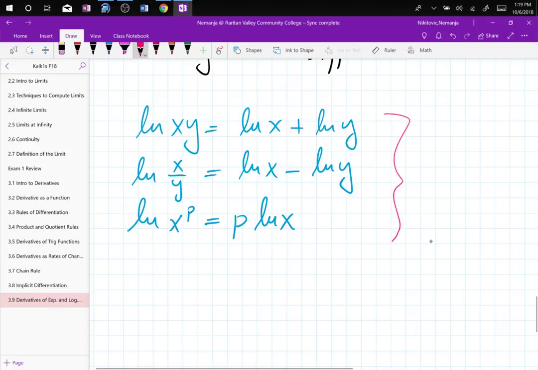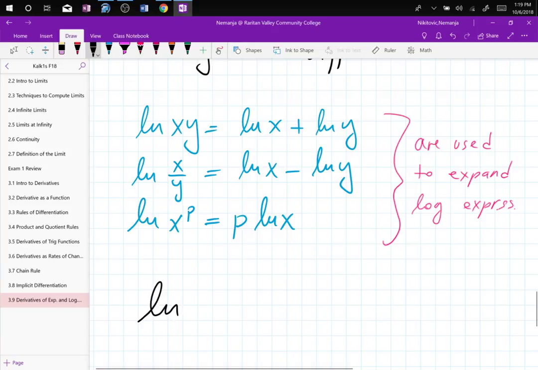These formulas are used to expand log expressions. And here's an example.